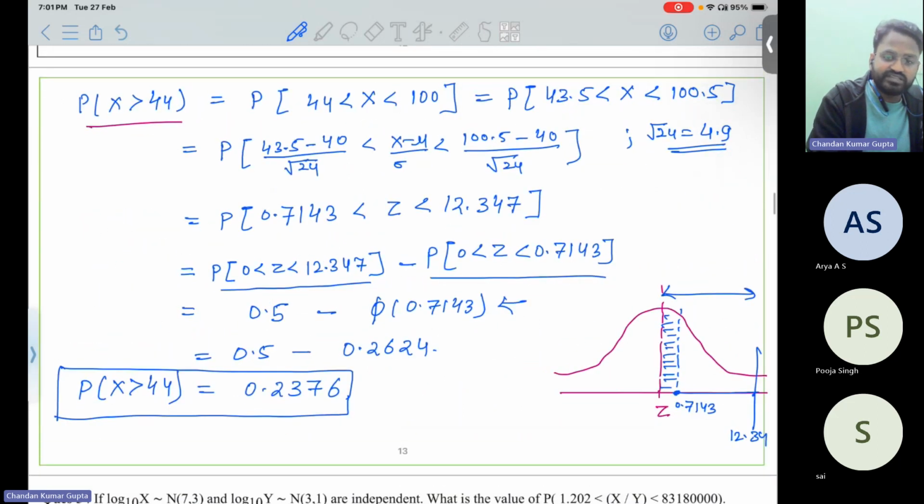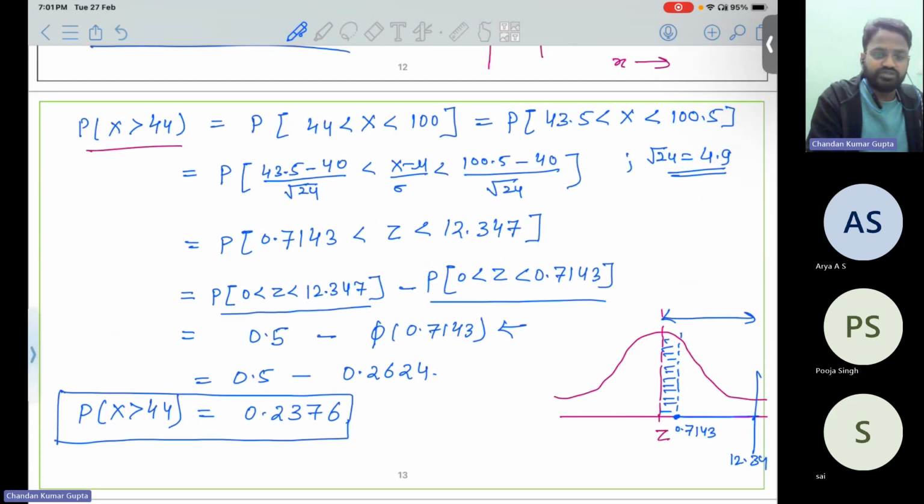The probability, when the probability of defective pieces is 40%, is 23.76%. Always use the curve so you have a better understanding to calculate the value of this.